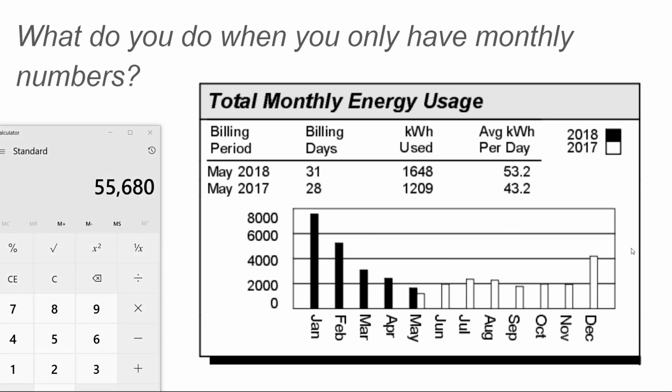One of the harder things to do, I guess, is to say, well, how large of a solar array do I need? How large of a battery bank do I need? And often you will only have the 12-month electrical history of the client.